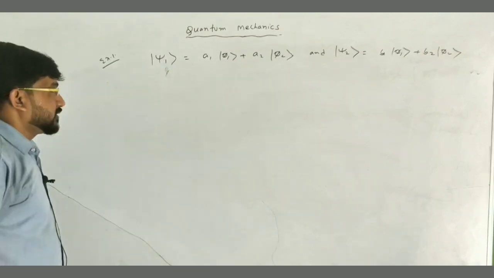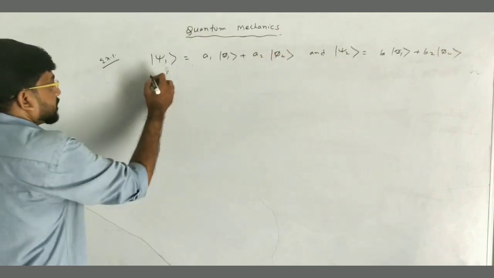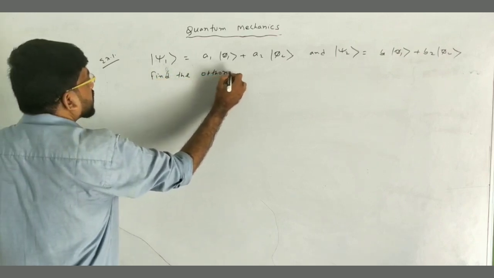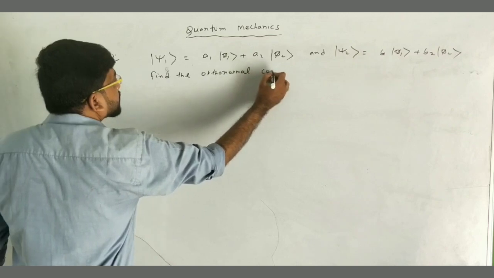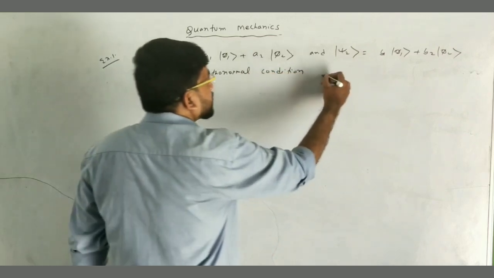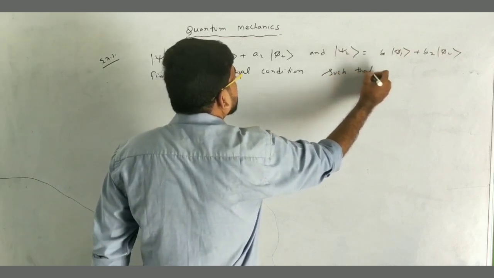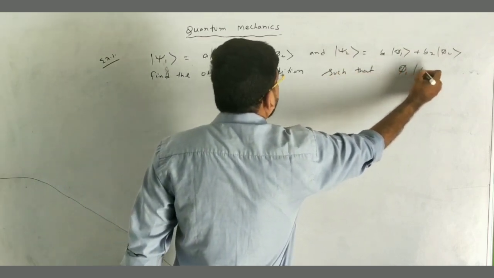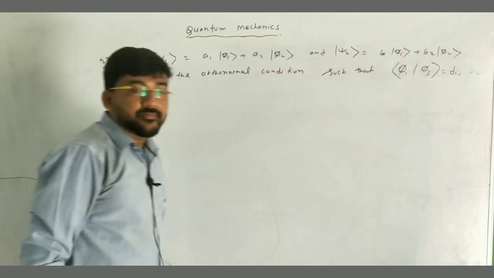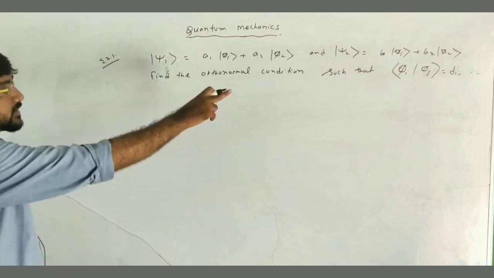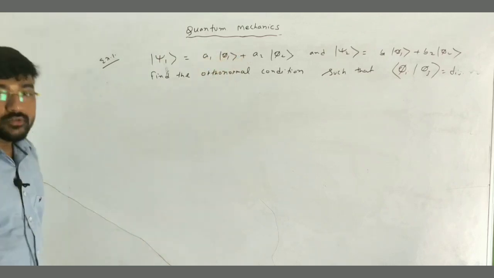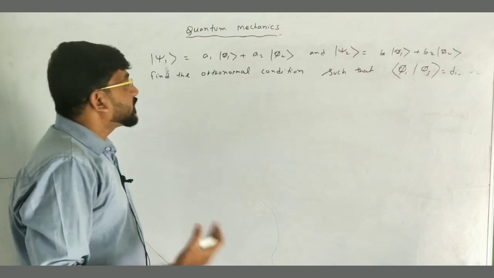What you have to find is the orthonormal condition such that phi i with phi j, the scalar product, is delta ij. This is given obviously. So, in that case, you have to find the normalization condition for psi 1 and psi 2. So, if psi 1 and psi 2 are orthonormal, then what are the conditions?